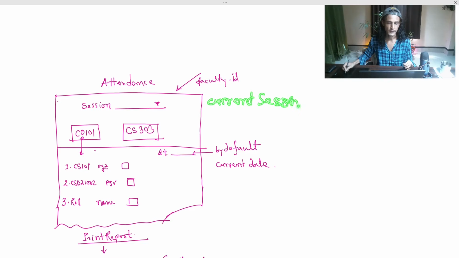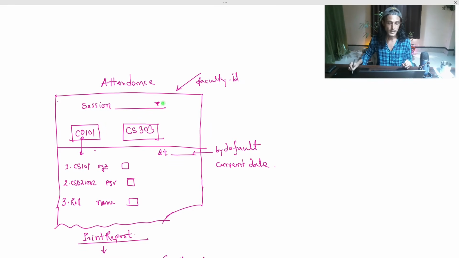If we maintain the current session, then by default, whatever the current session is will appear here. But if the faculty wants to change it for some reason, he or she can click on this drop-down and select different sessions. But one option we need here is that the faculty should be able to select a session.